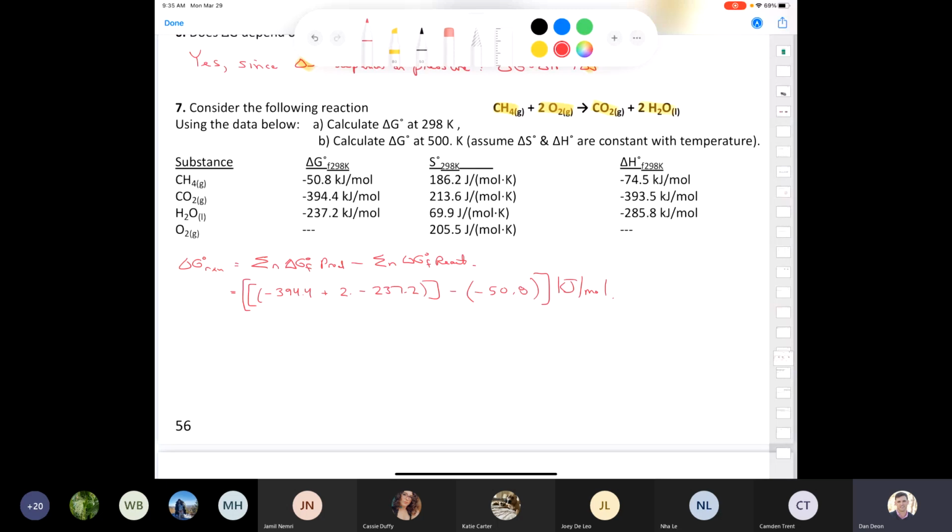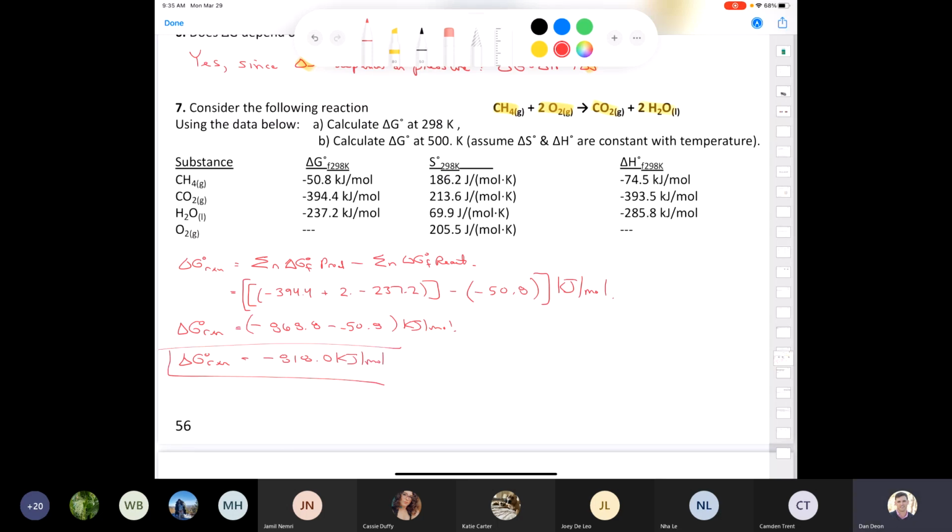And so when you evaluate that, you end up with a delta G for your reaction of negative 868.8, subtract negative 50.8 kilojoules per mole, and that gives you a standard free energy change for this reaction at 298 Kelvin of negative 818.0 kilojoules per mole. There we go.